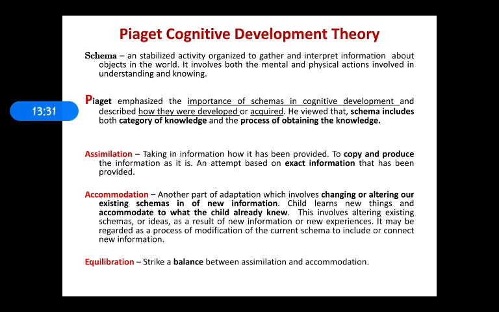According to Piaget, schema has a very dominant role in the cognitive development of the individual. It helps the individual to know and understand what a particular object is, what it implies, and how it looks.